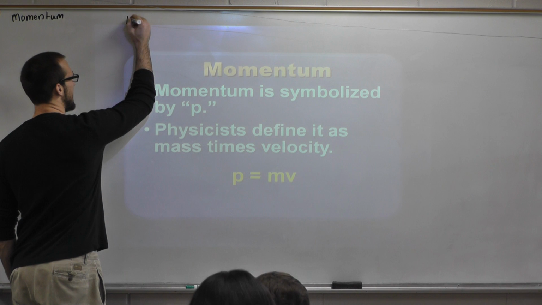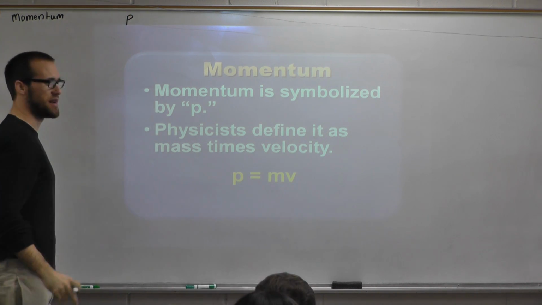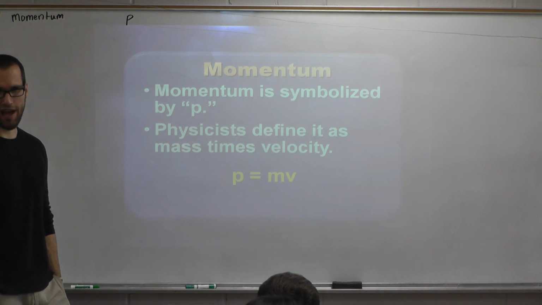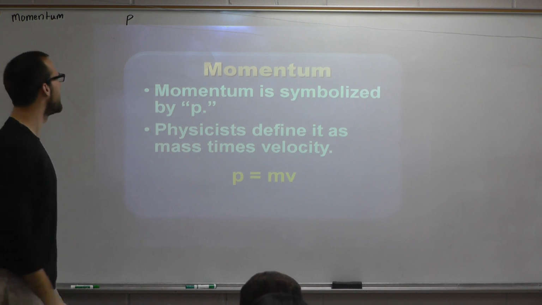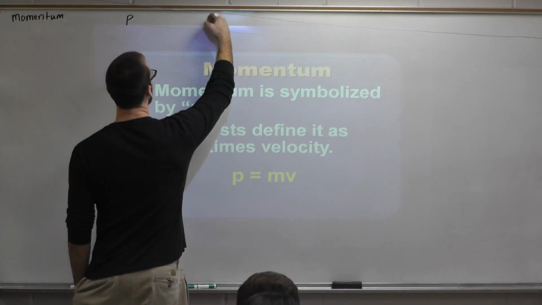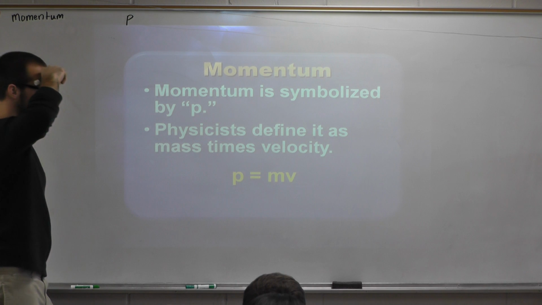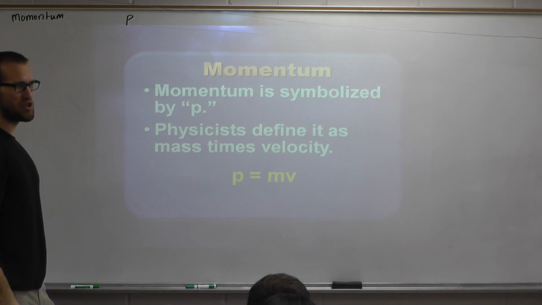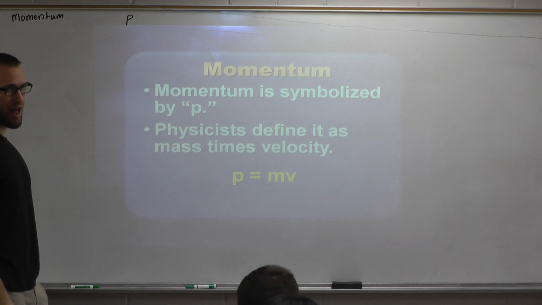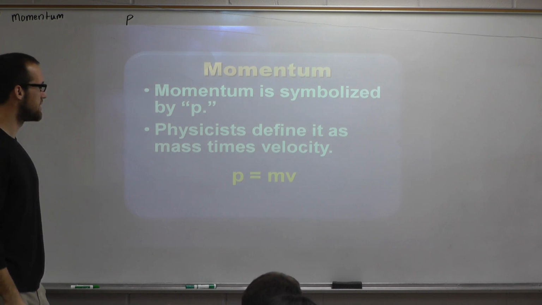Its symbol is P. It's actually the Greek symbol rho, but I just use P because the Greek symbol rho looks like a P. And this actually has a unit that could have been derived, but they didn't.